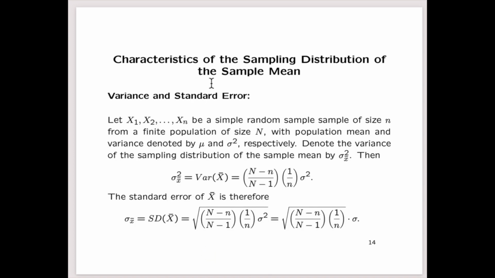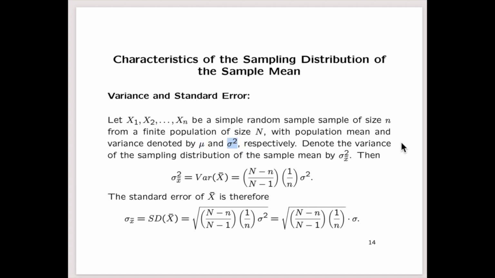Now we're still considering the sampling distribution of the sample mean x bar, but now we're going to be considering the variance and the standard error of the sampling distribution of x bar. Again, let x1, x2, and so forth up to x sub n be a simple random sample of size n from a finite population containing capital N values with population mean mu and population variance sigma squared.